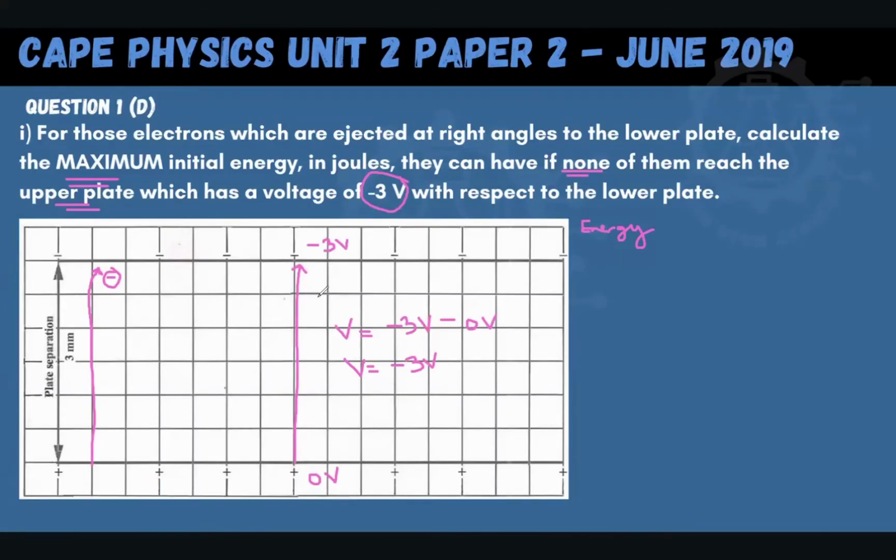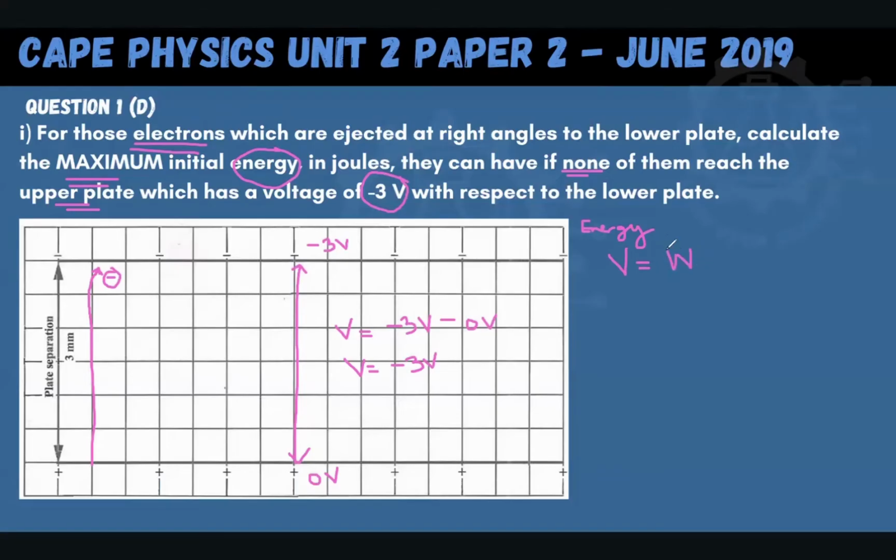And so here we are now, we have to find initial energy, right? So we have a voltage, we have a separation, but we're not going to use the separation just yet. We have a voltage and we're asked to find energy, right? And remember, our particles being ejected are electrons. So early in part 1, when we were talking about a definition for potential difference, we said that the potential difference, V, is going to be equal to the work done, right?